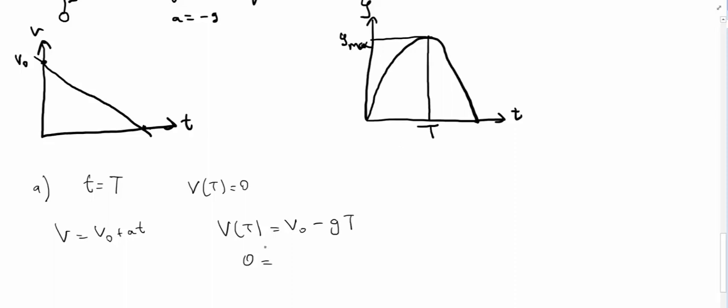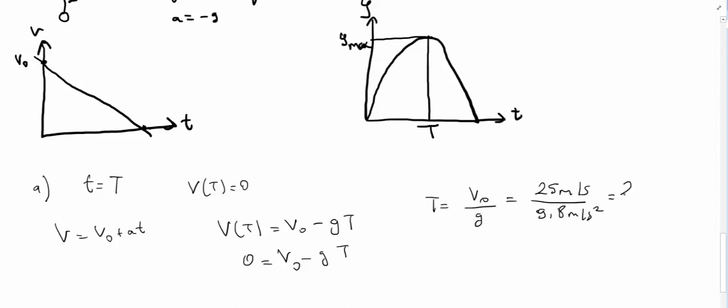So for this point, we will take vt as 0, and after that, again v0 minus gt. So T should equal v0 over g, and that is equal to 25 meters per second over 9.8 meters per second squared. That is equal to 2.55 seconds.